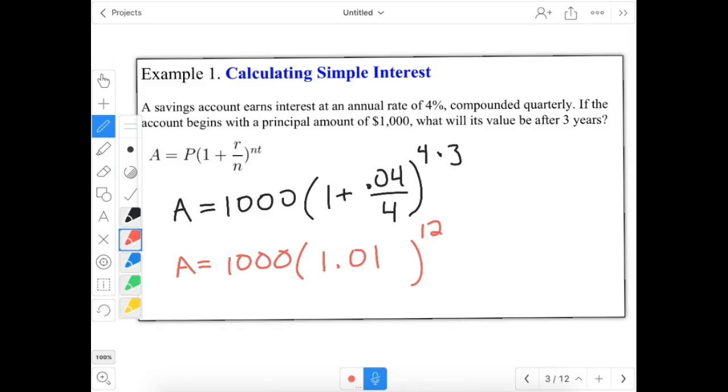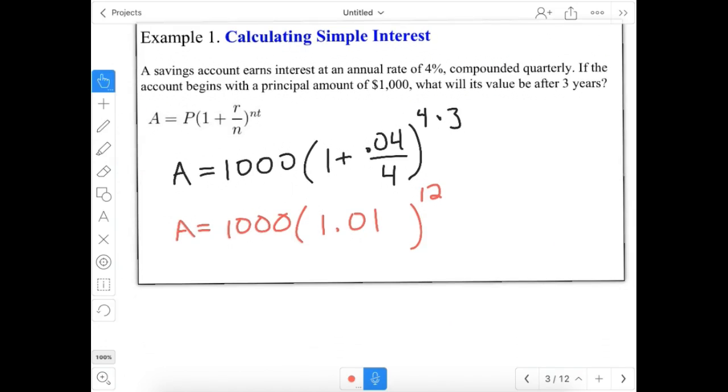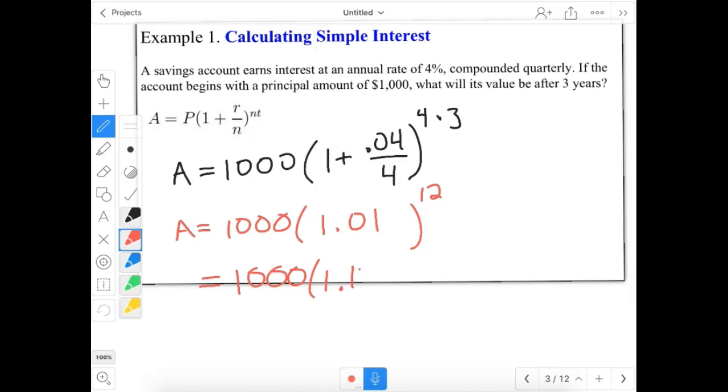So then if I take 1.01 and raise it to the 12th power, we would get 1,000 times 1.126825, and let's see how far we're going to have to go. Now we're multiplying that by 1,000, so I just have to go over 1, 2, 3.